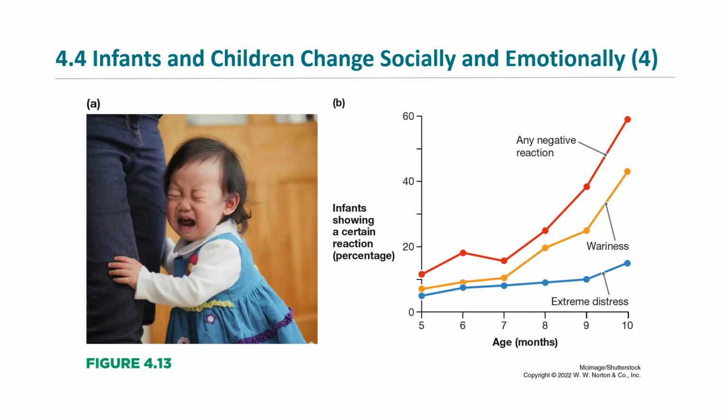They only show up to 10 months here, but you can see it's right after about 8 months that you see this rapid increase in negative reactions that infants are showing, and this graph would continue to go upwards as you get up to 12 months. Okay, I'm going to go back.